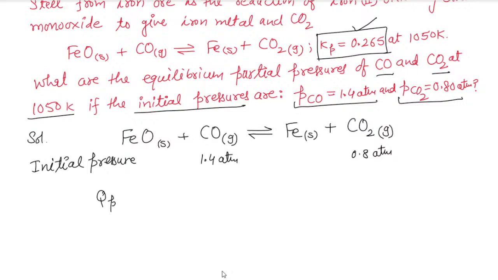So Qp for the given reaction is pressure of CO2 divided by pressure of CO. The pressure of CO2 is 0.8 atmosphere, the pressure of CO is 1.4 atmosphere.